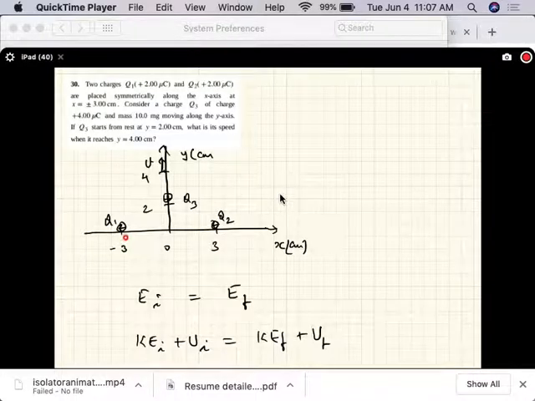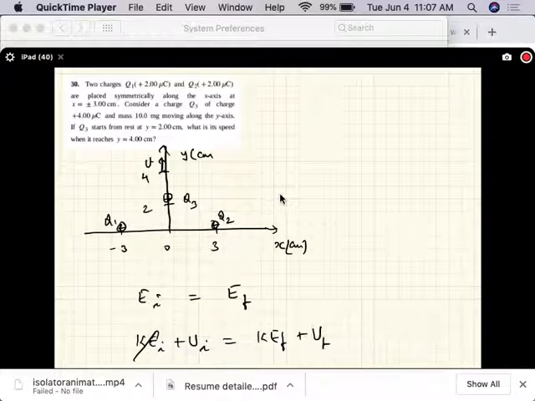In this problem I should say that these guys are fixed, only this guy is moving. So we are considering his kinetic energy and his potential energy. These guys are fixed. This guy starts off at rest, so his initial kinetic energy is 0, and his final kinetic energy is what we are finding.